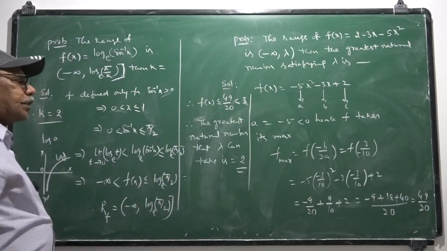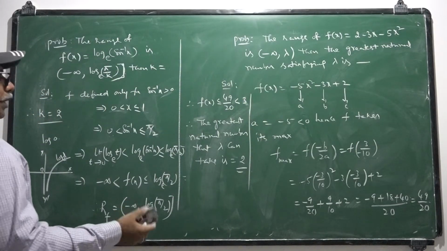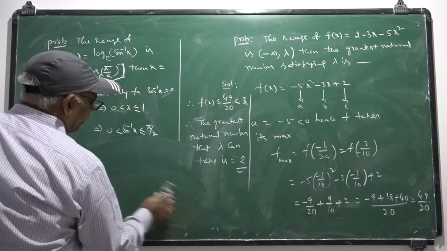The greatest natural number that lambda can take is only 2.